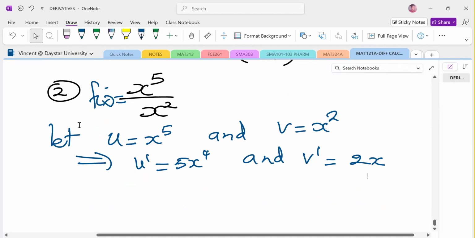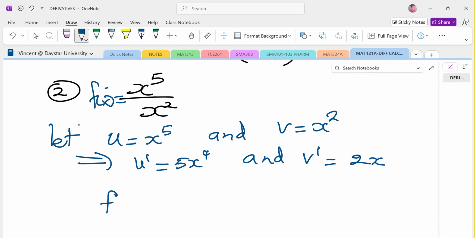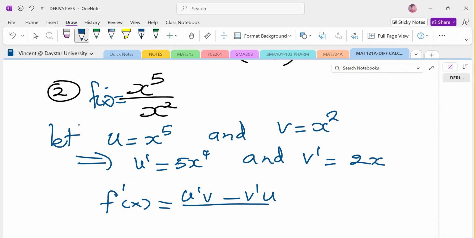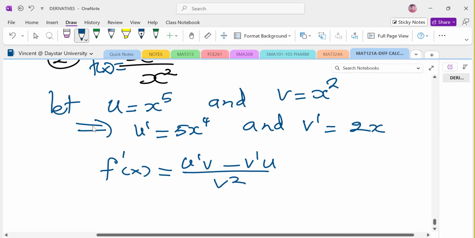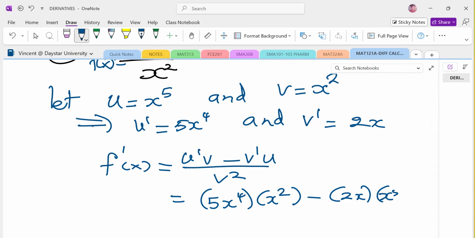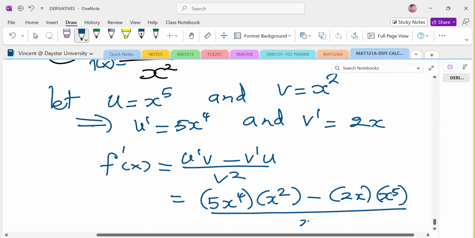So by definition, f prime of x is u prime v minus v prime u over v squared. So u prime is 5x power 4, v is x squared, minus v prime is 2x, u is x power 5, divided by v squared. So you have x squared squared.